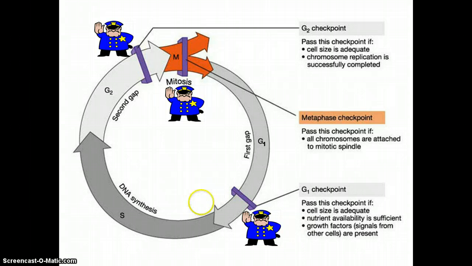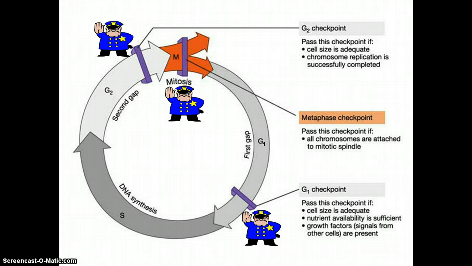Okay. Once it passes G1, then it can go into S phase. So remember, S phase is where DNA synthesis occurs. This is where DNA doubles. Once it finishes S phase, it goes into G2.